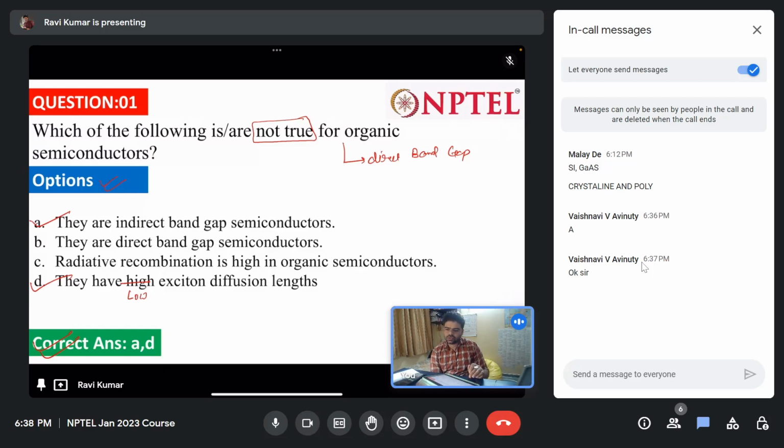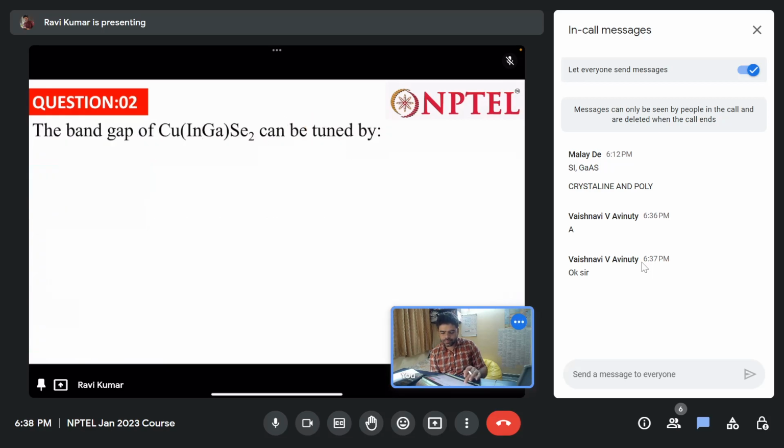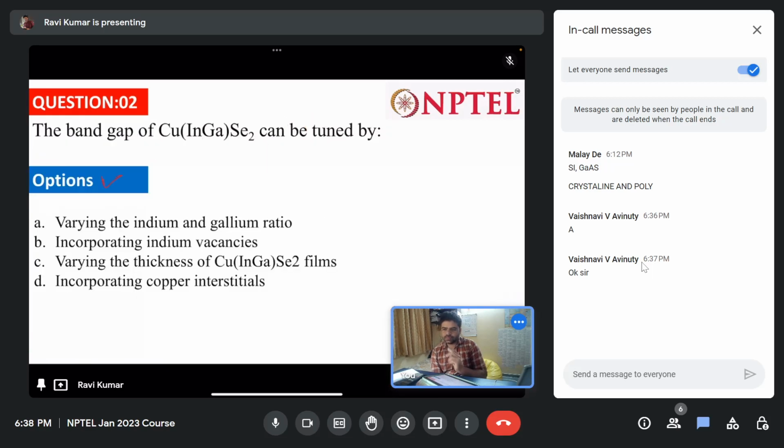Let's go to the next question, which says, the band gap of CIGS can be tuned by, and these are the options. Tuned means, just let me know the meaning of tuned.